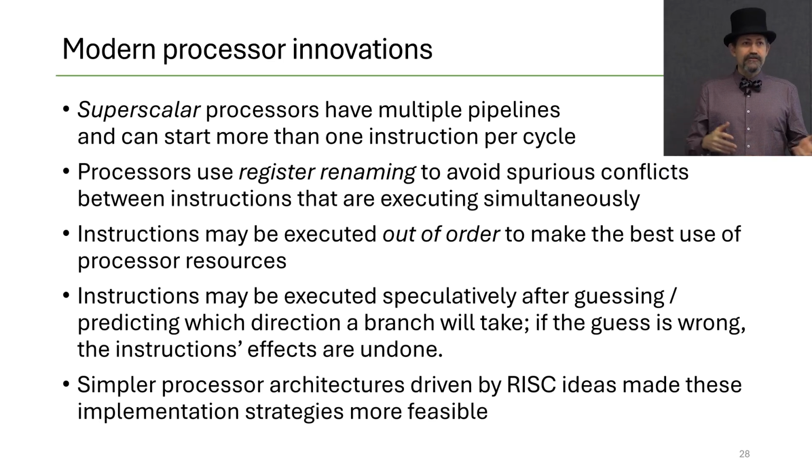Finally, all of these optimizations can be somewhat complicated. And so one of the values of these simpler RISC architectures, reduced instruction set computing architectures, is that because the base processor execution is more simple, we can more feasibly implement these strategies that make the processors fast.